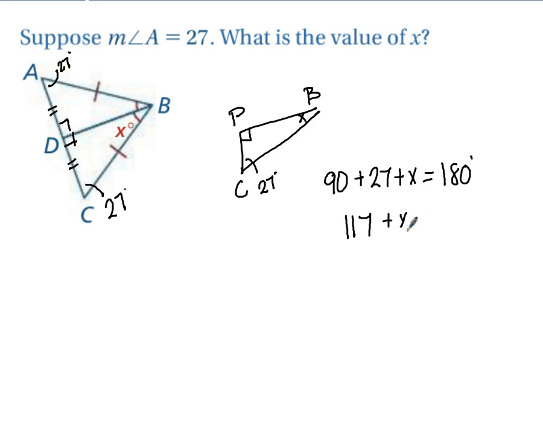I'm going to subtract 117 from both sides. 117 minus 117 gives me 0, so I'm left with just x equals 180 minus 117. So x equals 63 degrees.